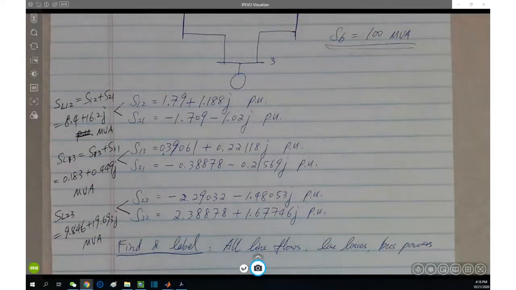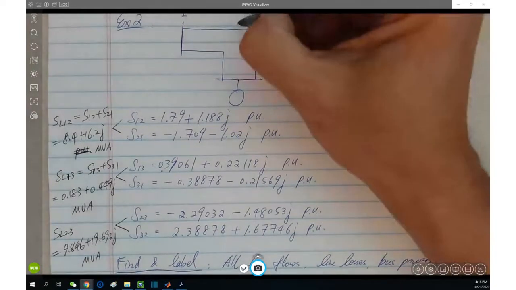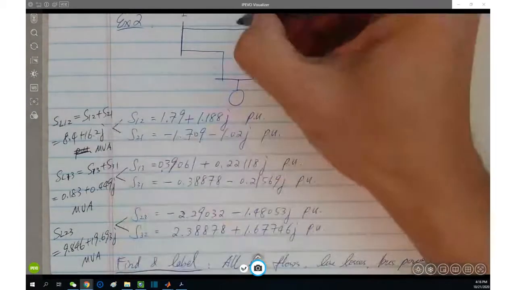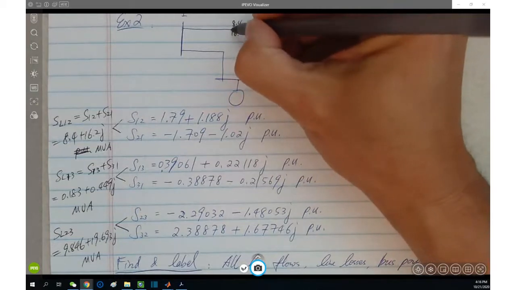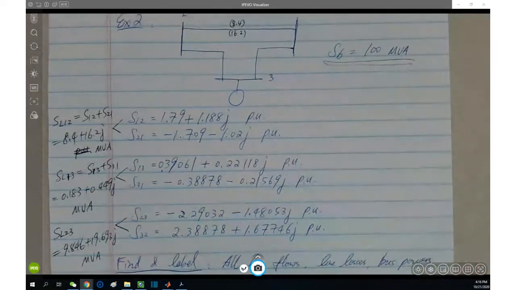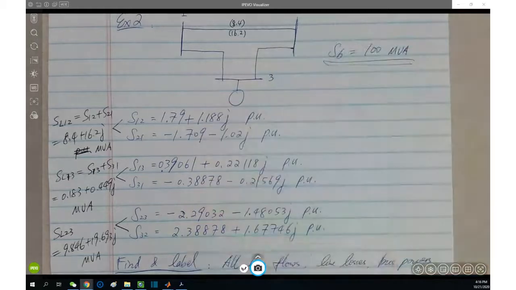If you label them, you can do the labeling like this, right? Line loss goes right in the middle of the line. So between bus 1 and bus 2, you have this: 8.4 on top, 16.2 on the bottom, with parentheses to contain them. By writing them this way, you are assuming above the line is active power, and below it is the reactive power. So keep this consistent when you label the line flows.